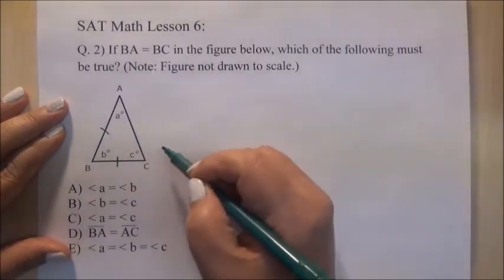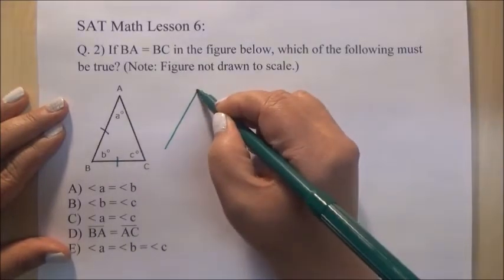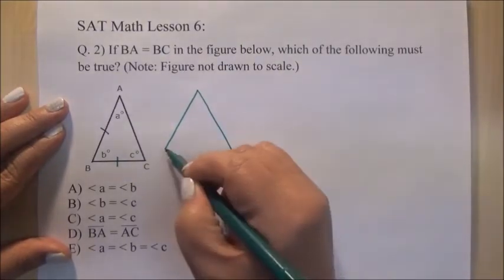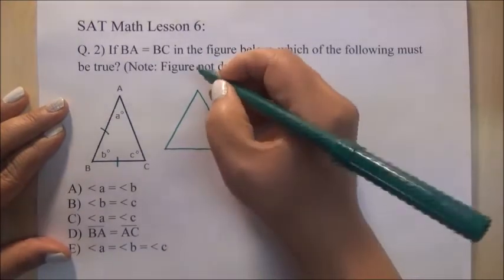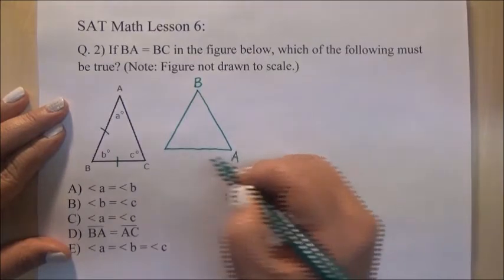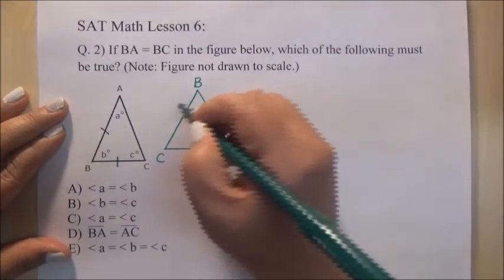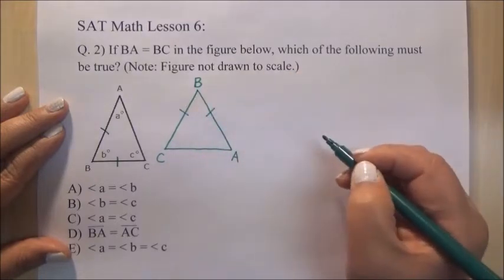So I'm going to draw a little bit nicer triangle here, and I'm going to say this is B and this is A and this is C. And then BA and BC are congruent.